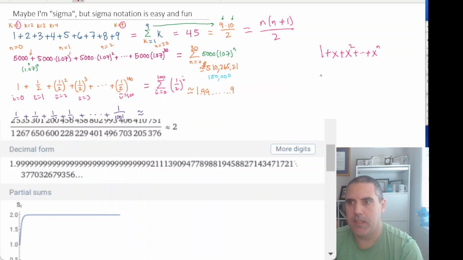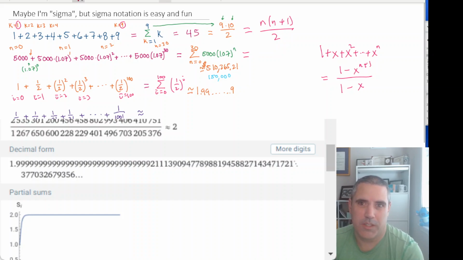It says that thing is the same as 1 minus x to the n plus 1 over 1 minus x. These are the formulas that people use for a mortgage or saving for retirement. That's where it comes from, just a sum. So this one, there's a 5,000 you can pull out, and then it's 1 minus.